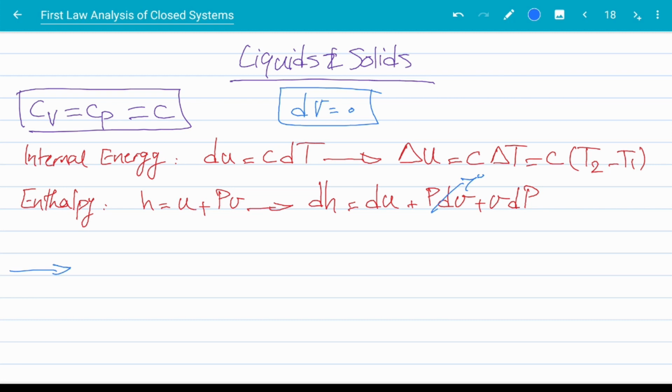Now it depends on what kind of process the system is going through. Process type 1 is when the system is going through a constant pressure process.